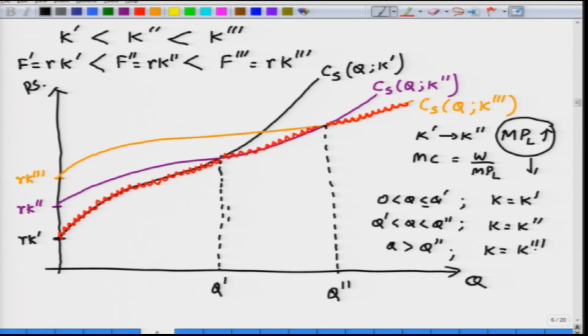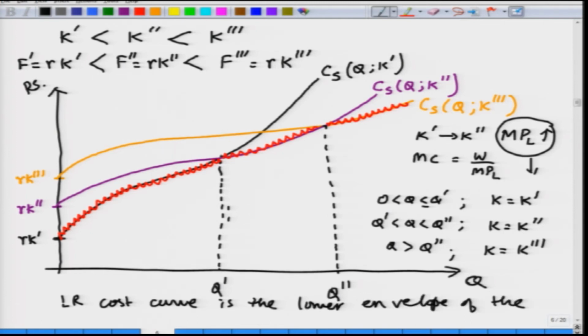So, in other words, if instead of 3 discrete levels of capital, I could change k continuously, then we could argue that the long run cost curve, which is this curve in red, is the lower envelope of the short run cost curves.